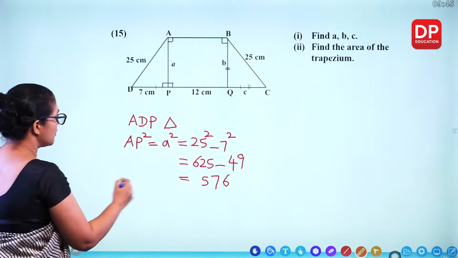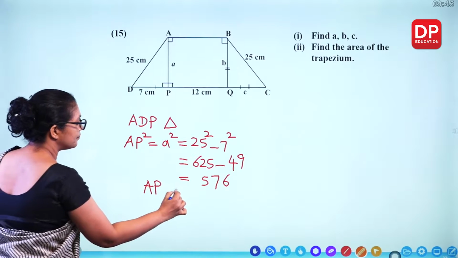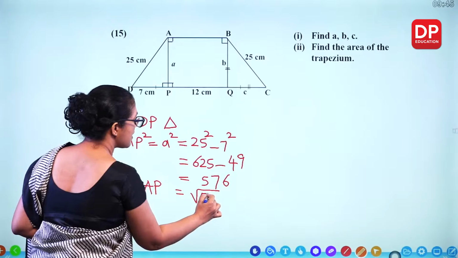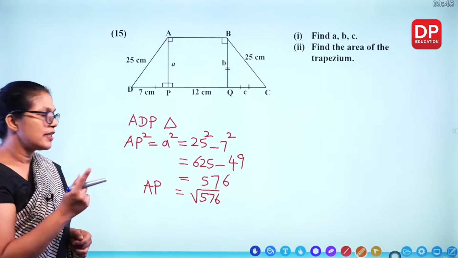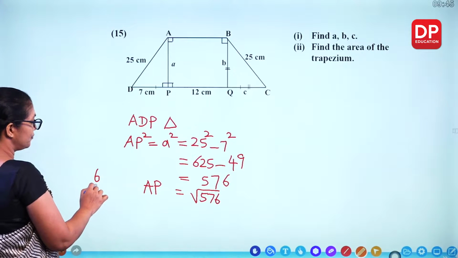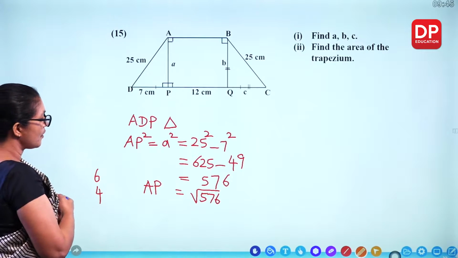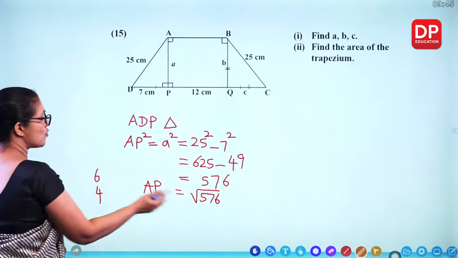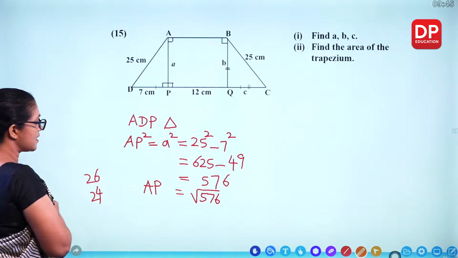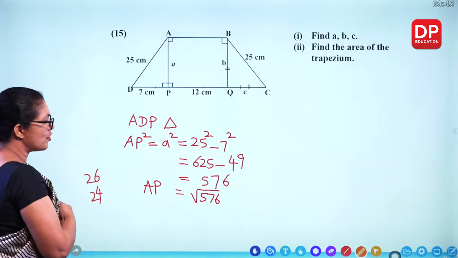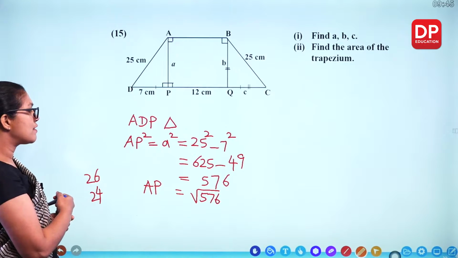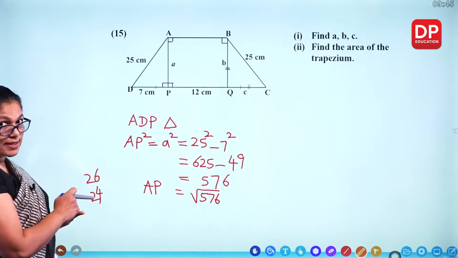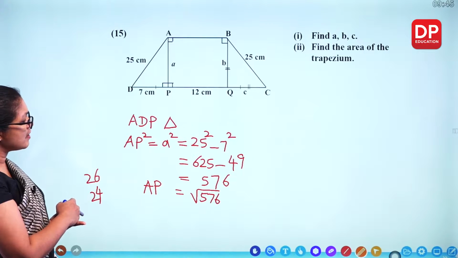576. So what's the square root of 576? The last digit is 6, so it can be 6 or 4. So 5 is there, so 24 or 26. What do you think? 25 times 25 is 625.